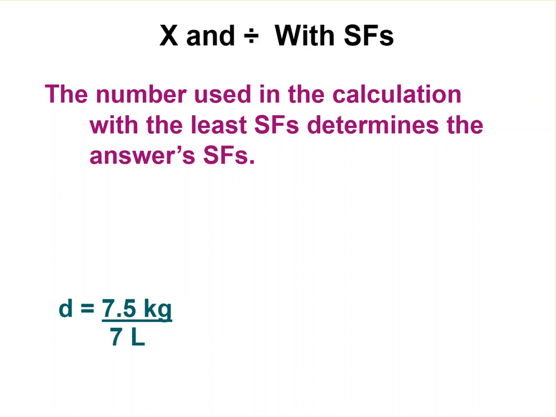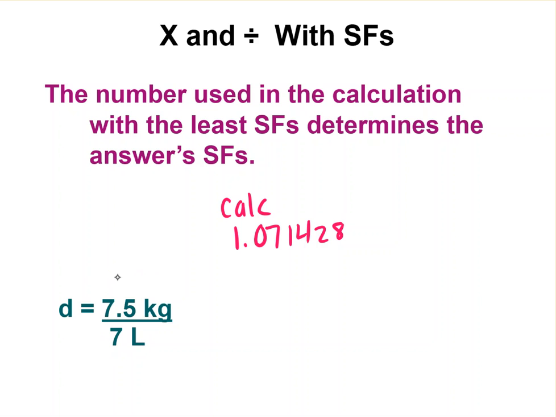Let's go back to our calculation and look at how we should be rounding that answer for the density. So remember, our calculator gave us this long number and so on. And to decide how many sig figs, when you multiply and divide, the rule is to look at the numbers that go into the calculation, figure out how many sig figs they have, and then the one with the least determines how many sig figs should be in the answer.